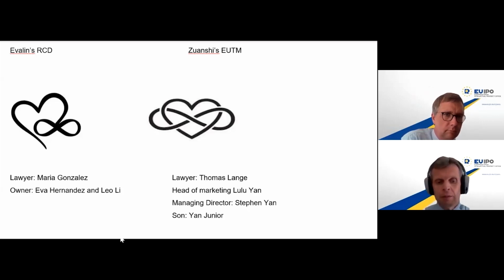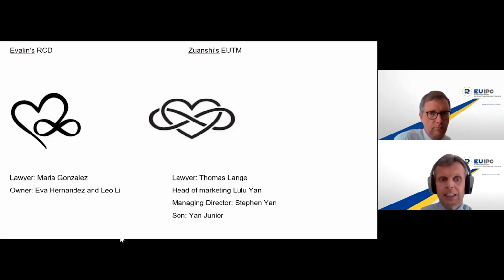So the problem is that Swanxi, the Chinese company, is unhappy about Evelyn's registered community design, and so it's initiated an invalidity action against that design based on this earlier trademark.